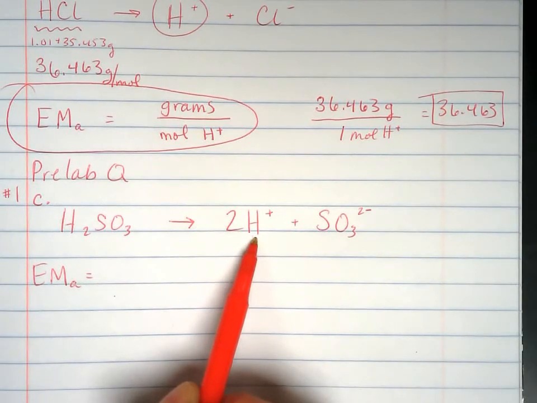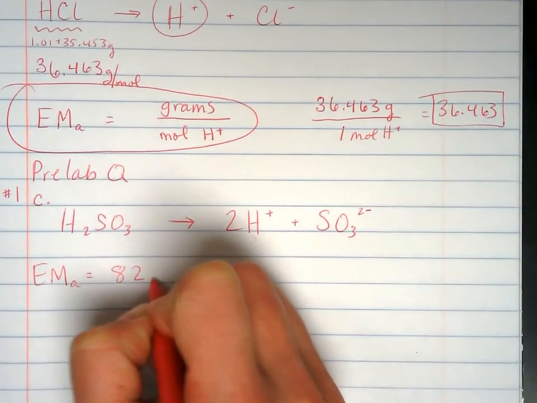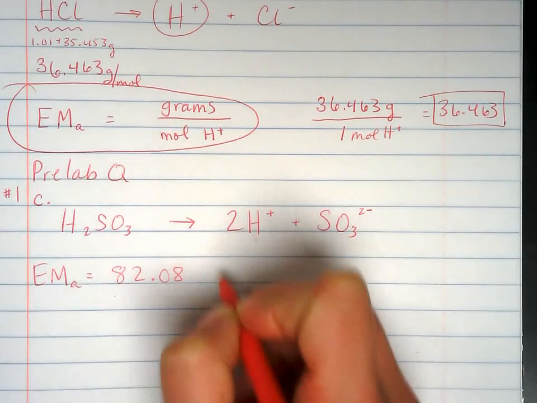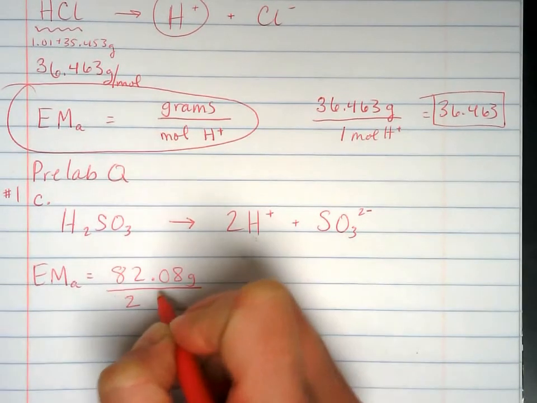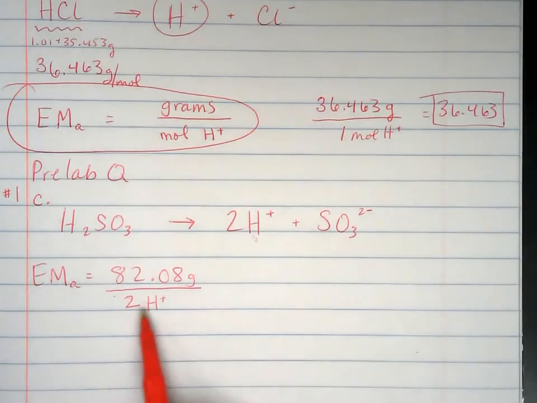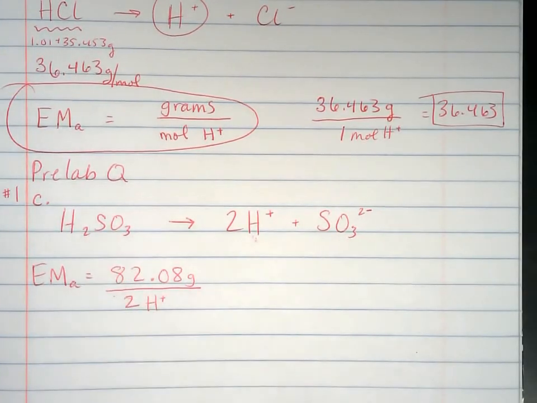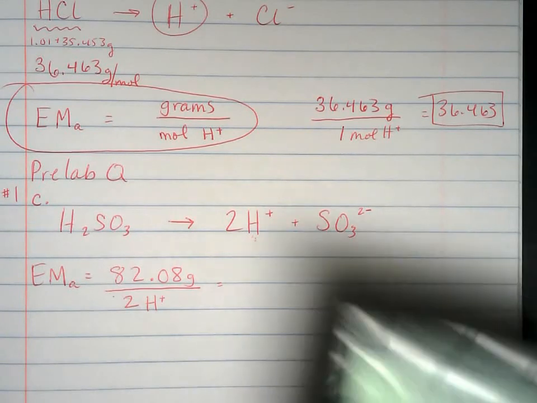So here I have the molar mass for this, which is 82.08 grams. There are 2 ionizable hydrogens per mole of H2SO4. And so basically I'm just dividing 82 by 2, right?